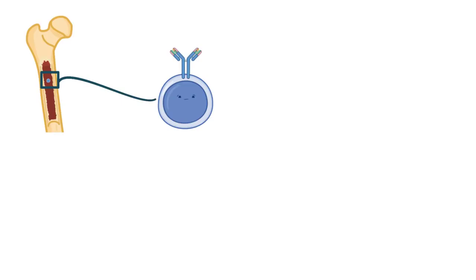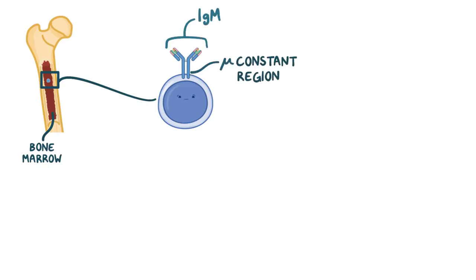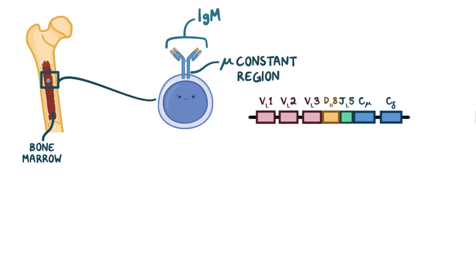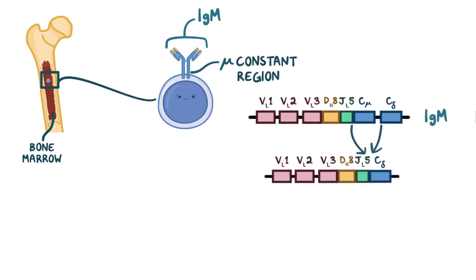Now, to get into the blood, an immature B cell has to signal to the bone marrow that it has completed its development. Now, remember that the B cell already has a B cell receptor with a mu heavy chain constant region, which made it an IgM antibody. But the B cell now undergoes a process of alternative splicing, which is where some of the B cell receptors continue to use the IgM constant region, whereas some start using the IgD constant region.